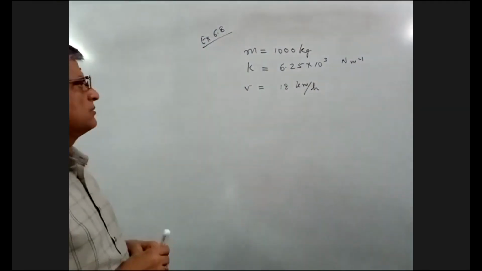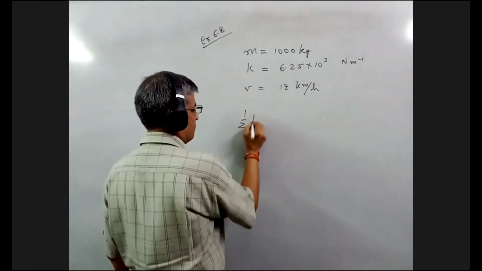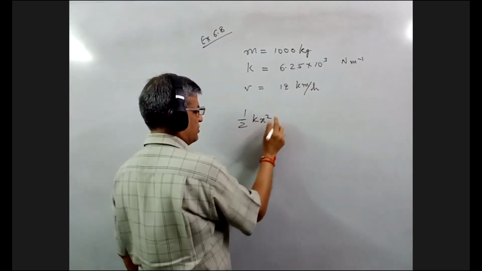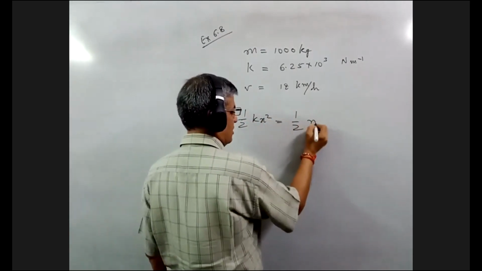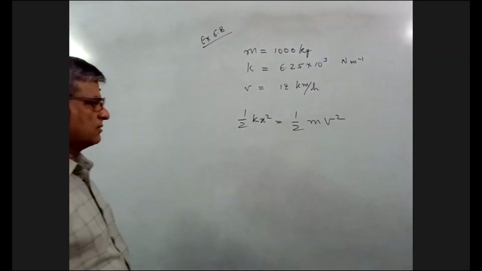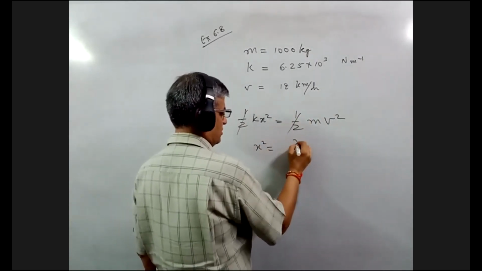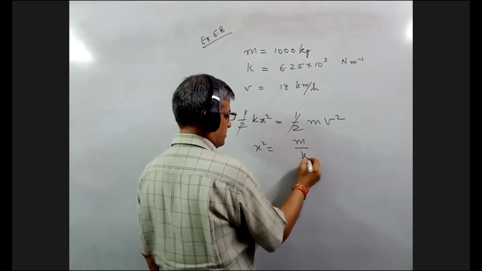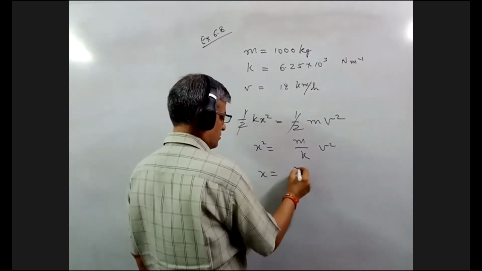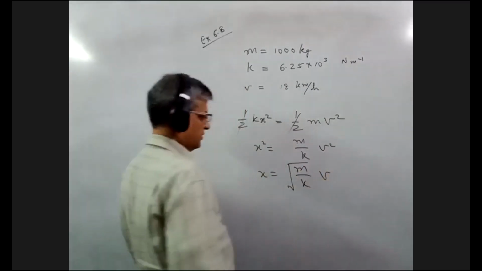So we have to use conservation of energy in this case: half kx square, the potential energy stored in the spring, is equal to half mv square, which is the kinetic energy of the car. So the half cancels, and x square is equal to m upon k times v square, or x is equal to the square root of m upon k, times v.